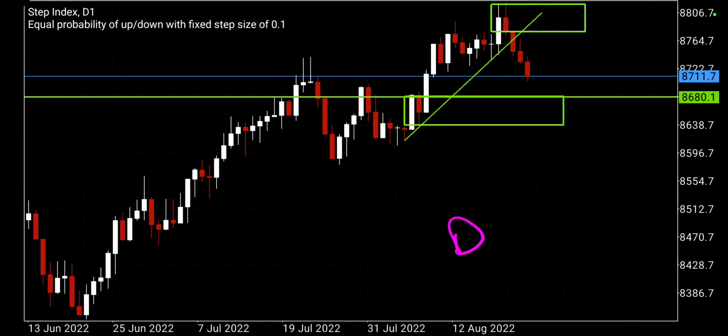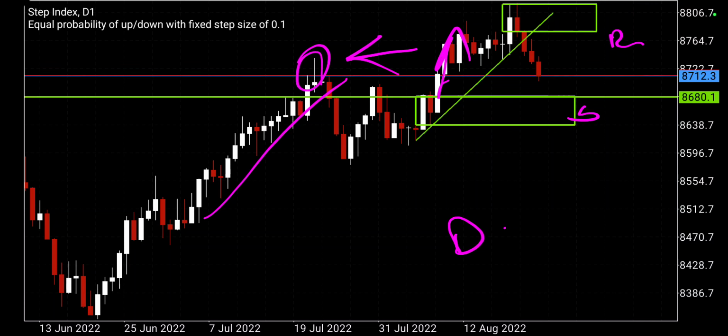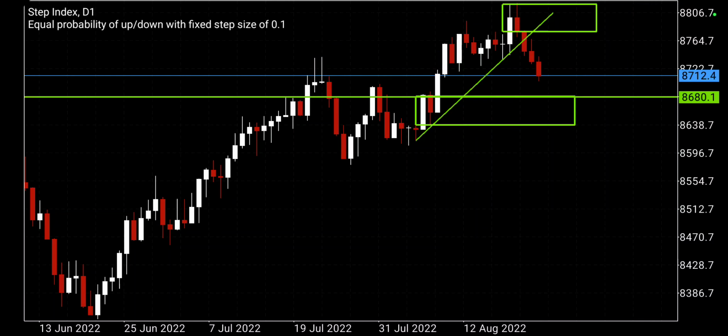So on this daily, there is your support, there is your resistance. The resistance we understand is the one that pushed down and broke all the structures. There we've got the support that gave us this and broke that, and this, during its time, broke this. You see, so they must all connect.